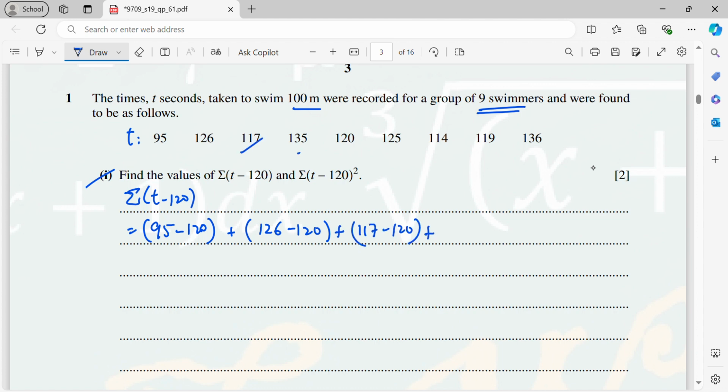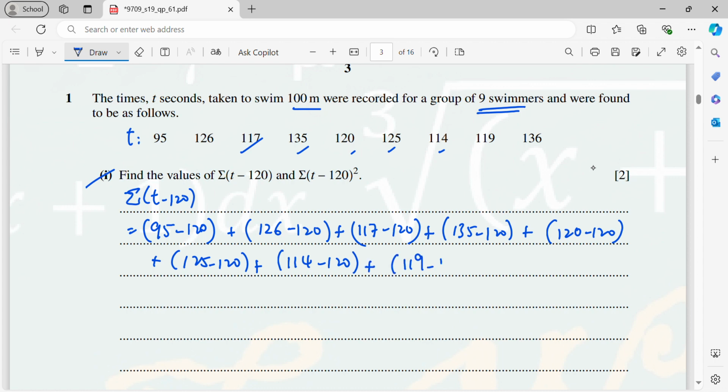Then the next is 135 minus 120 followed by 120 minus 120. Then next is 125 minus 120 followed by 114 minus 120. Then 119 minus 120, and lastly 136 minus 120.